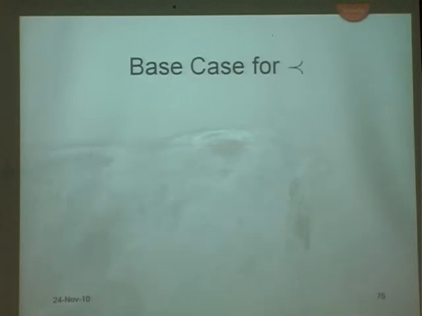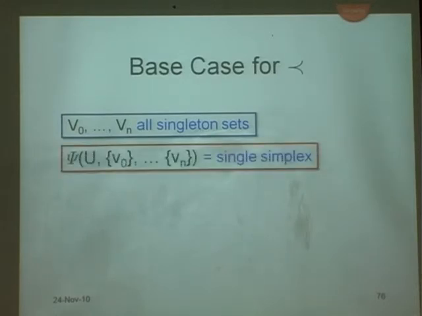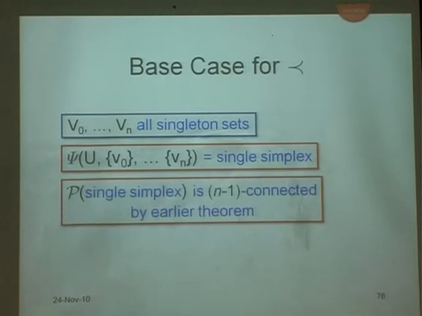So we're done. The other base case for the induction is if everything is a singleton set, then the underlying pseudosphere is a single simplex. And we proved earlier that if you apply a wait-free read-write protocol to a single simplex, then you're n-1 connected. That was that bit with the critical arguments and so on. So both of the base cases are taken care of.